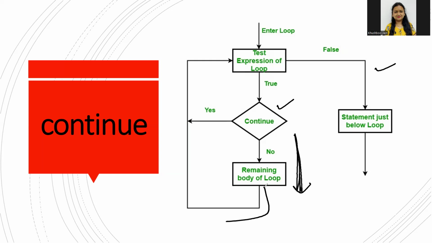It will directly go back to the loop condition and check it. Again, it will check for continue. And if continue is true, then it will skip the statement. Otherwise, it will continue with the remaining body of loop.